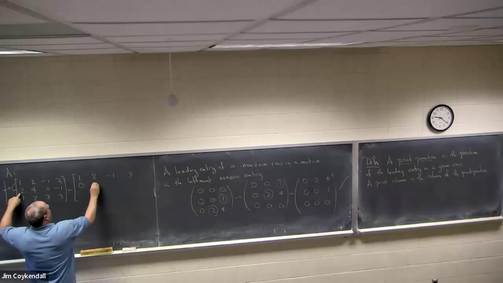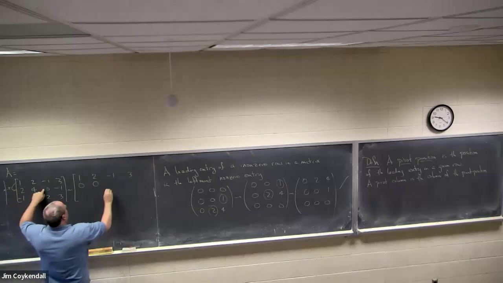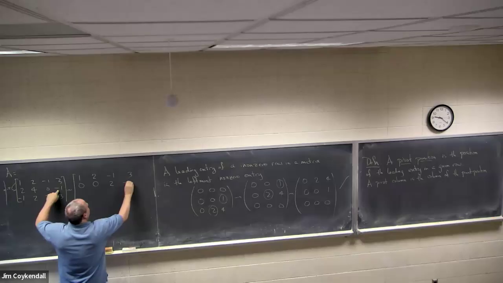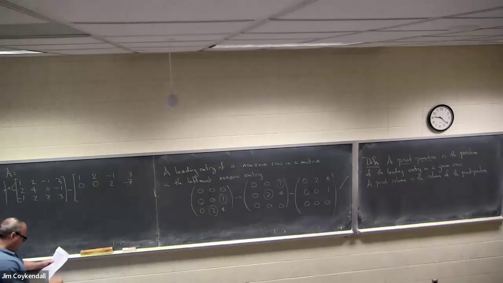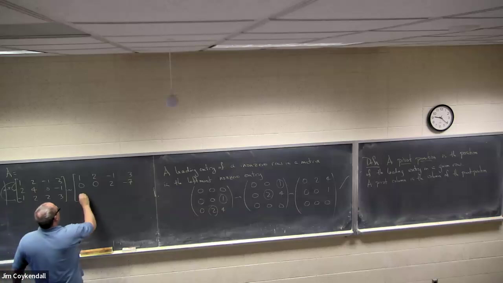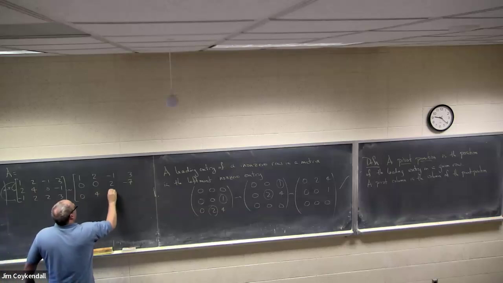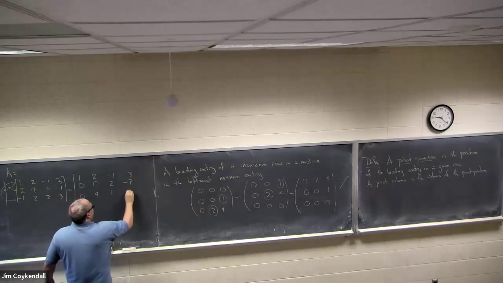That's going to give me 0, 0, 2, -7. Everybody agree with that? You better watch me at this hour of the morning. And I'm going to use it to take out this one just by adding it. So I'm going to get 0, 4, 1, 6.